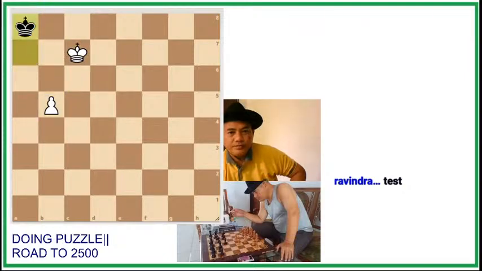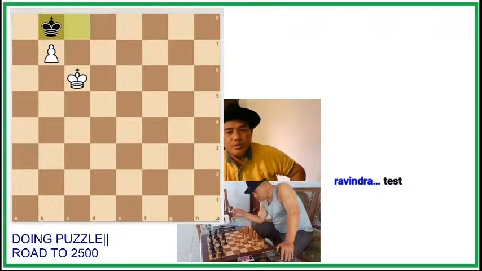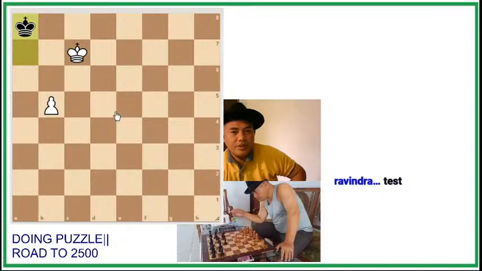So what happens if white moves the pawn? Then it will be stalemate. It will be a draw. So be careful with this knight pawn.